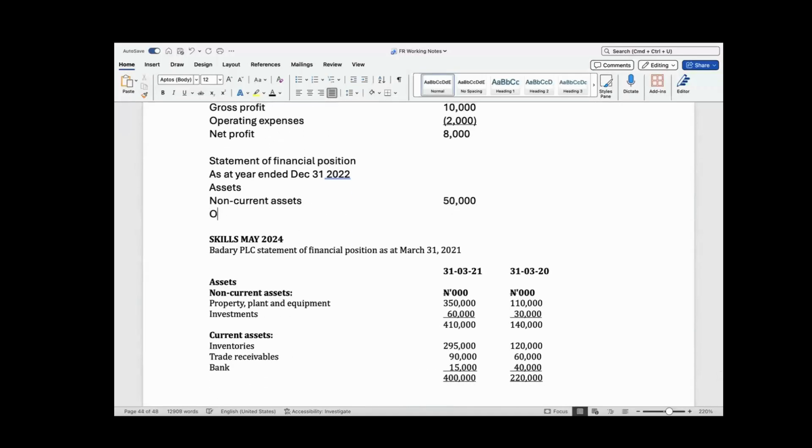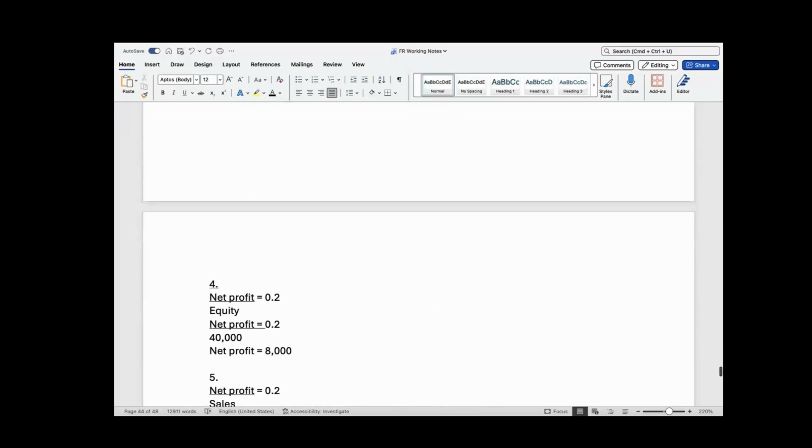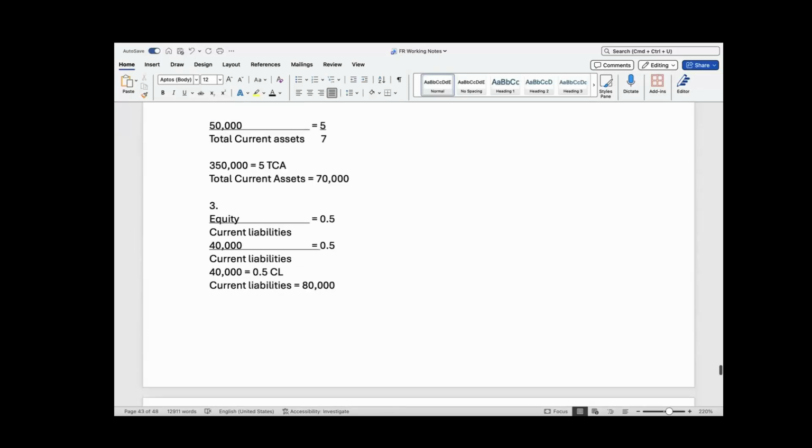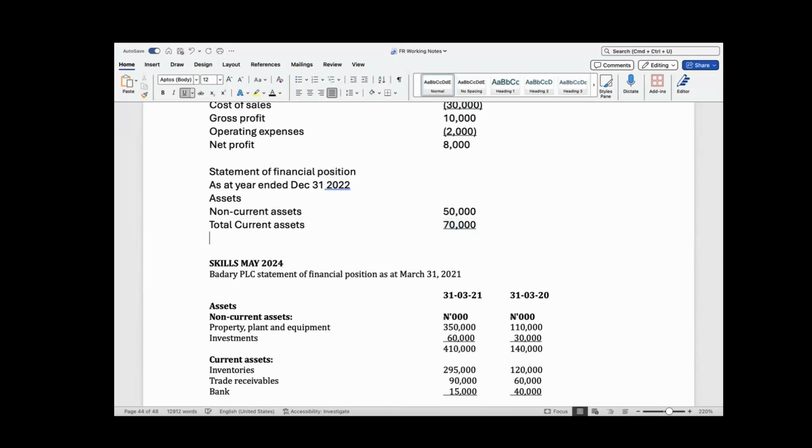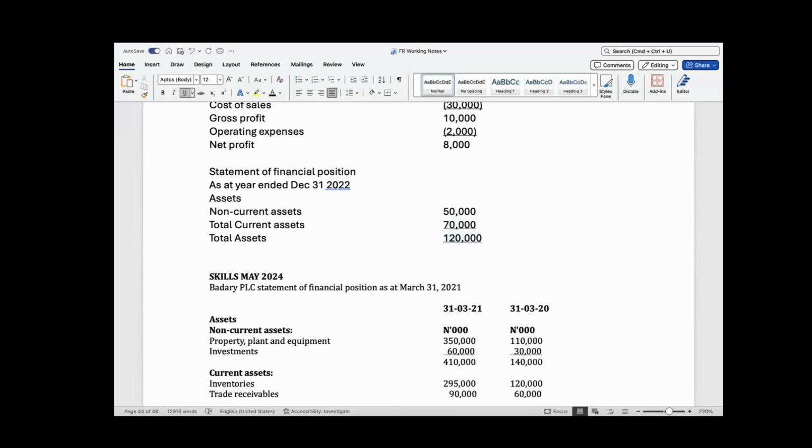I was given my total current assets, I got it somewhere as 70,000. So I have total assets as 120,000.